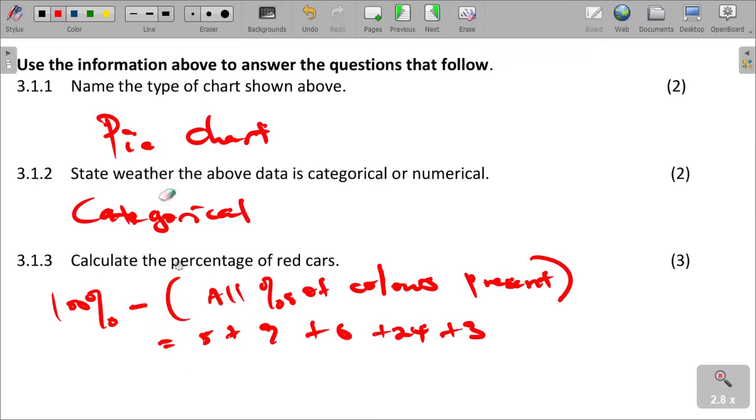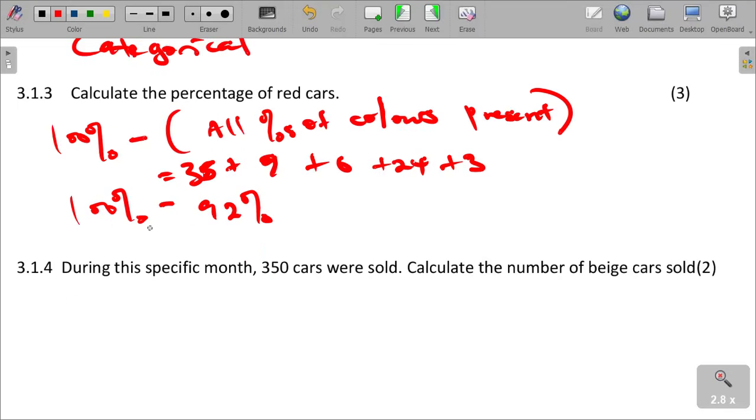Adding them, we get 92%. So 100 minus 92 gives us 8% red cars. That is what is there.